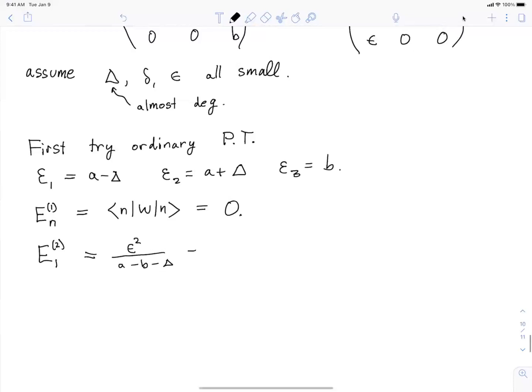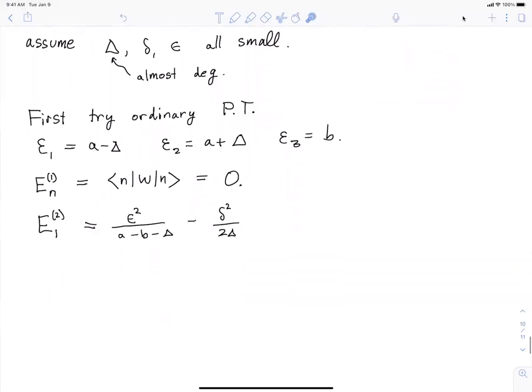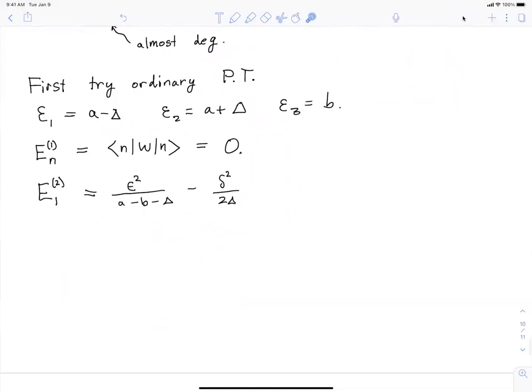And then there's a term from the delta matrix element squared. So that's delta squared over the energy difference, which is 2 delta. Right? And the 2 delta is coming from the difference between that unperturbed energy and that unperturbed energy right there. Okay, so that's our first correction, or second correction to the first energy.